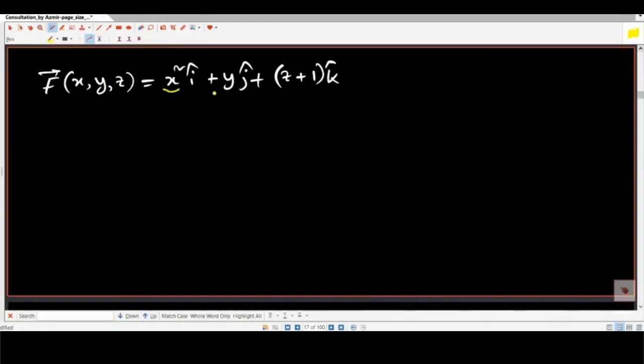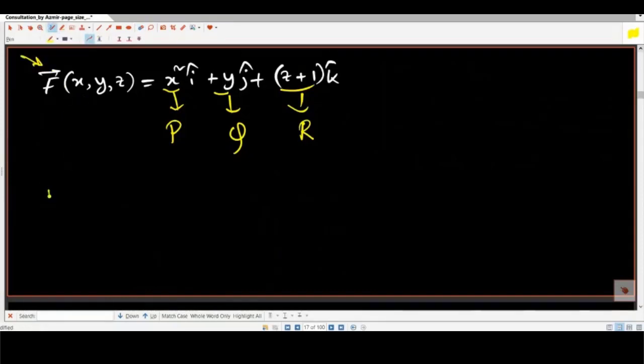So this is a vector field because the components are functions. Let's say this is p, this is q, and this is r. All these p, q, and r are functions of x, y, and z. So we can generate many vectors from this vector field.